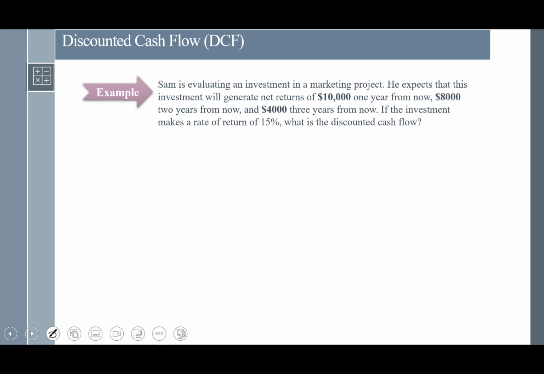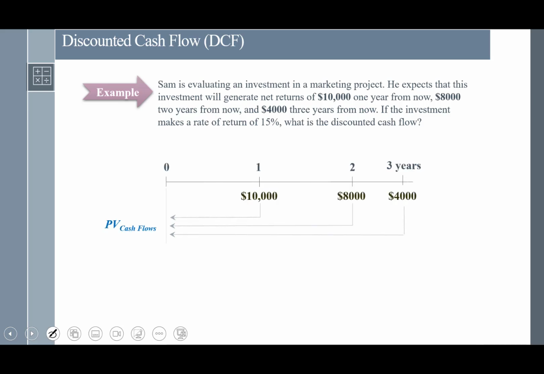Okay, so let's look at an example here. An investment is expected to generate 10,000 1 year from now, 8,000 2 years from now, and 4,000 3 years from now. If the investment makes a rate of return of 15%, what's the discounted cash flow? So we're going to find the present value of these 3 payments, add them all up, and that will give us the discounted cash flow.